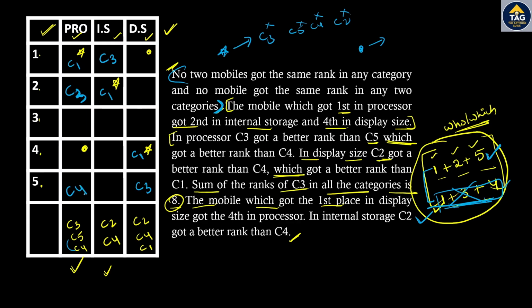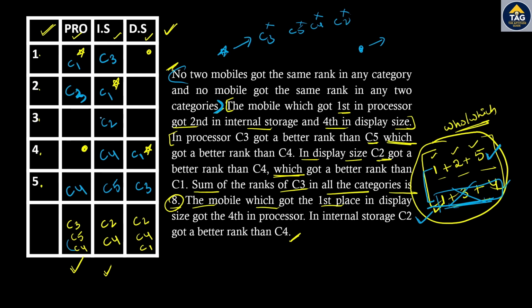So it's C4. Now let us look at internal storage. C2 should be placed ahead of C4 and C4 has got fifth rank earlier. C4 cannot get the fifth rank again. So it's C4 and it's C2 and we are left with only one, that's C5. Now if you look at processor, between these two, C2 and C5 has to be fixed.